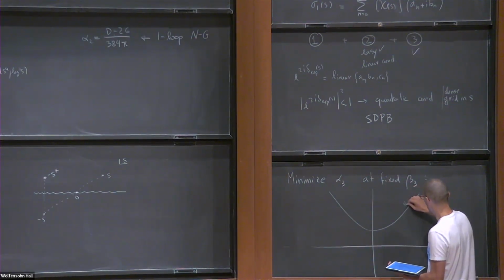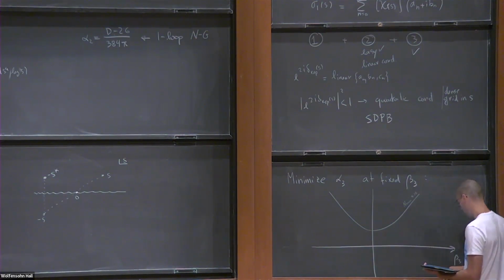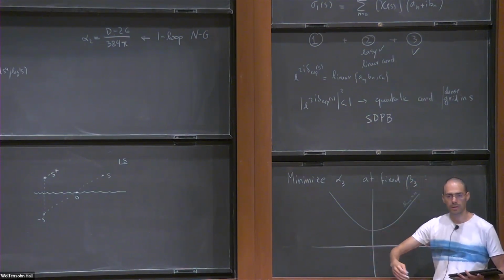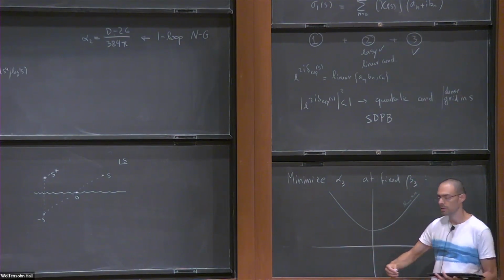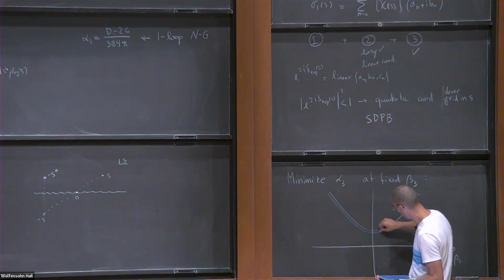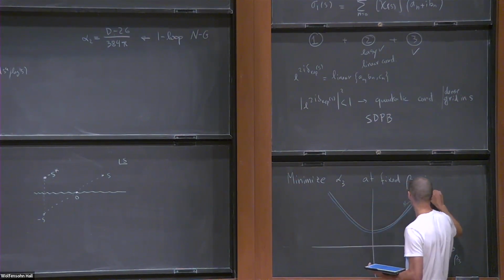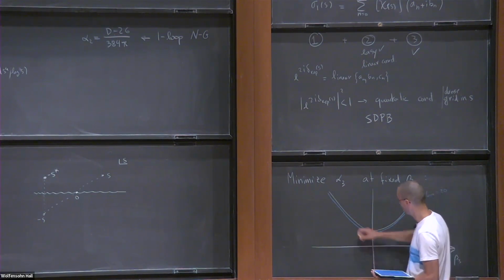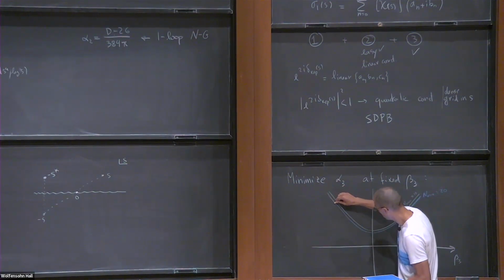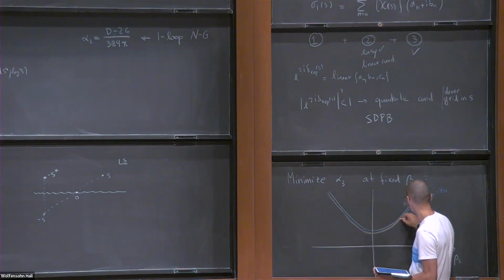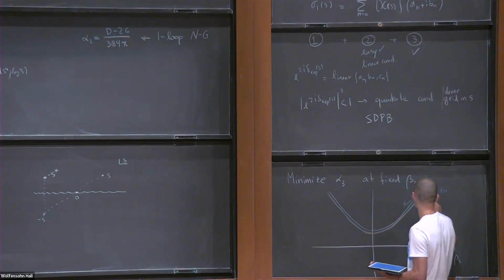Let's say this is for n max equals 10, and then you try another n max, say n max equals 20. Now you have more variables, so you have more freedom, so you can get a bit lower. So you get another parabola a bit lower. Let's say this is n max equals 20. And then you can continue, and from 20 to 50 already, that almost doesn't change. So you see in this problem pretty rapid convergence when n max increases.